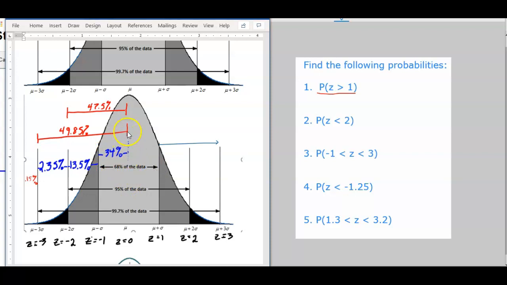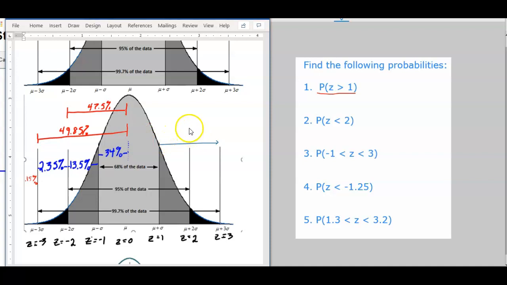Or from the mean out to 2 standard deviations would be 47.5%, or half of 95. And if you go from the mean out to 3 standard deviations, that's going to be 49.85%, or half of 99.7. So similarly, of course, we get that to the right of the mean as well.